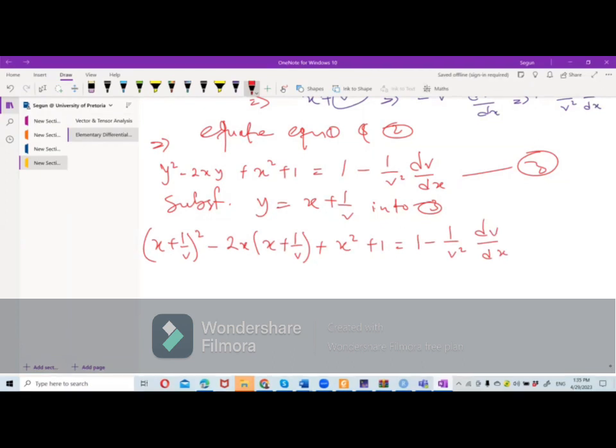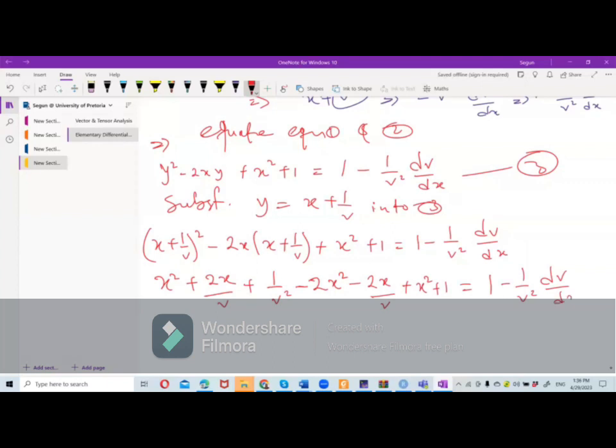When you open the bracket, the way we did the other time, we will have x squared plus 2x over v plus 1 all over v squared minus 2x squared minus 2x over v plus x squared plus 1 equals to 1 minus 1 all over v squared dv dx.